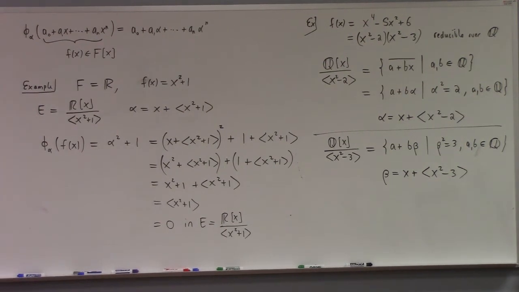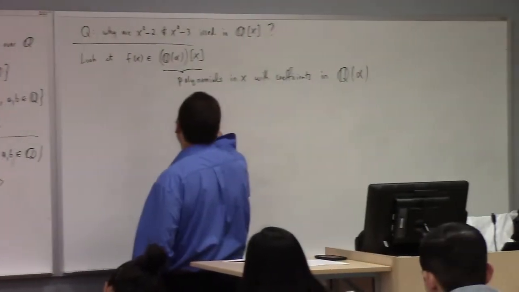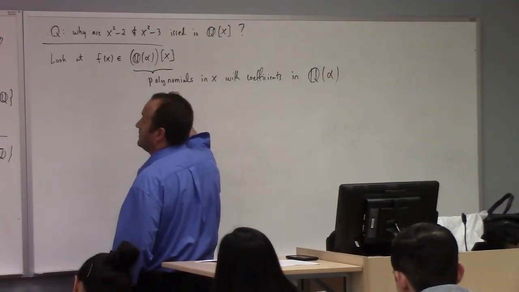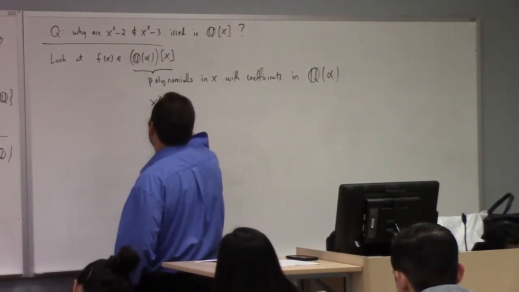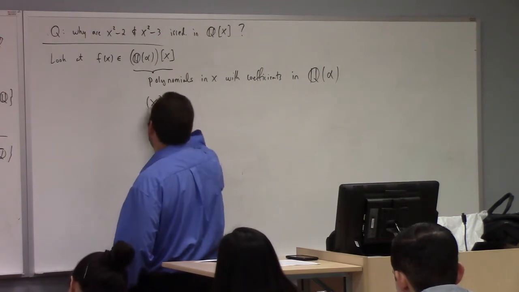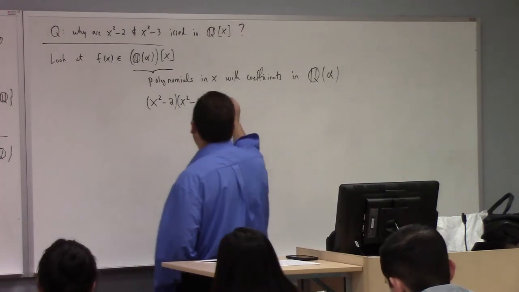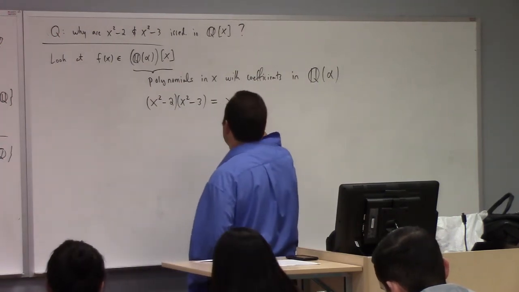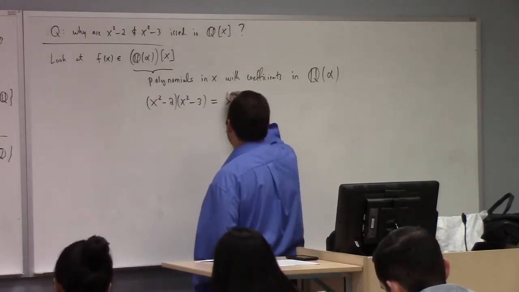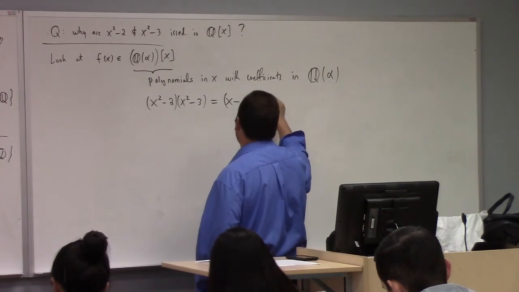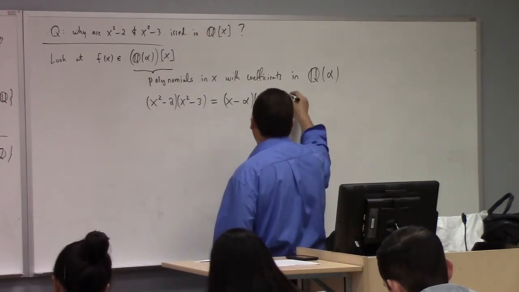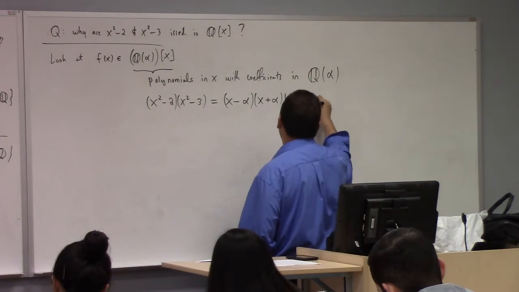Let's see here. I would point out that if we look at x squared minus 2 times x squared minus 3, the idea is that we can rewrite that as x minus alpha times x plus alpha times x squared minus 3, I believe.